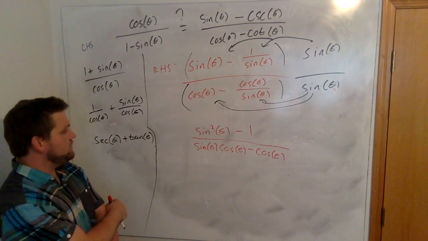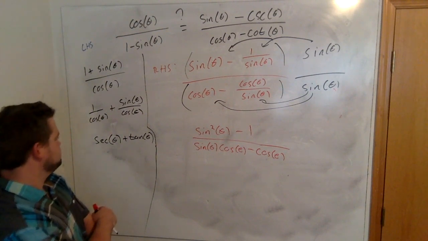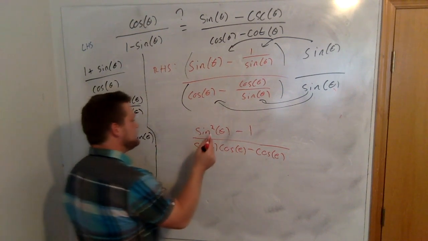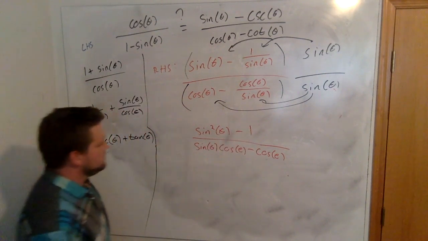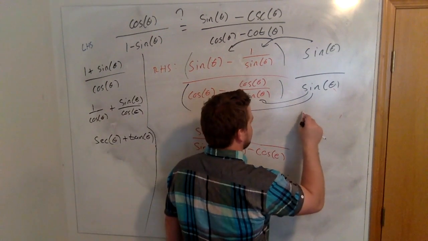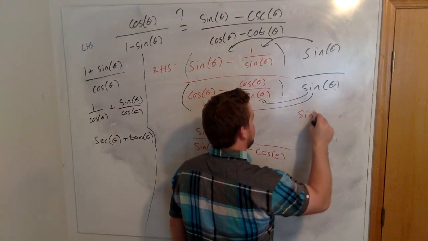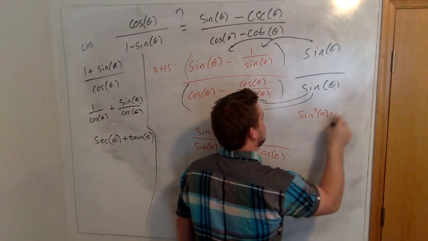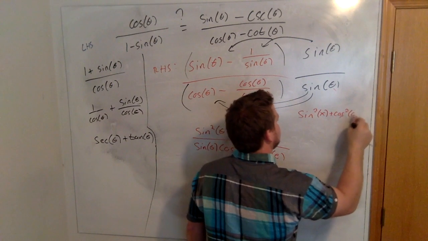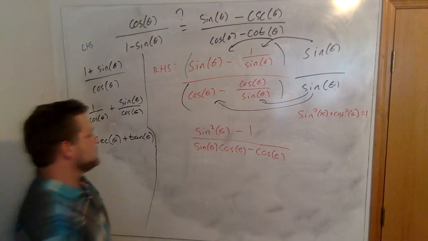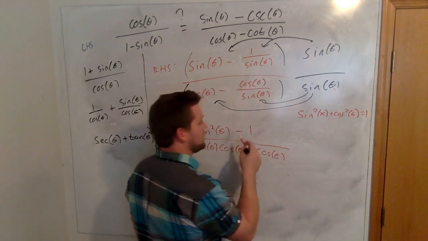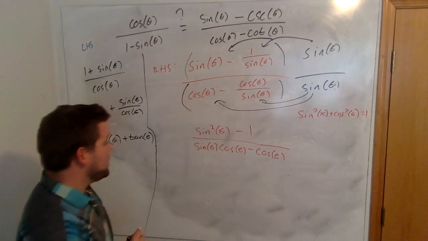Okay, well, what can we do here? I know that sine squared of theta minus 1. What is sine squared of theta minus 1? Well, if we think about sine squared plus cosine squared of theta, that's equal to 1. So if you want, you could replace sine squared with 1 minus cosine squared.